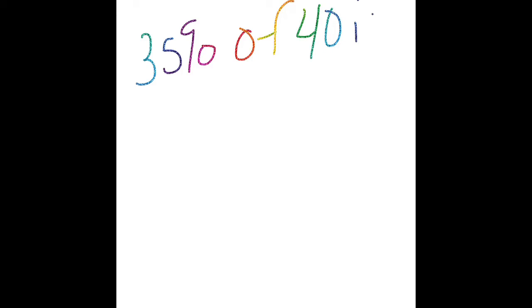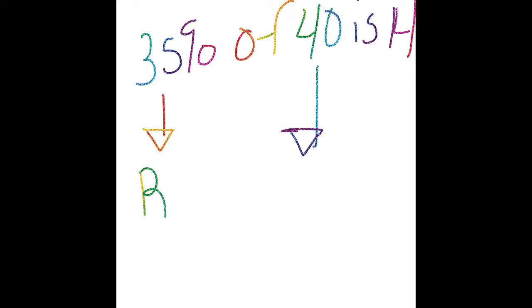So if you had 35% of 40 is 14. So that would be the rate. This would be the base.